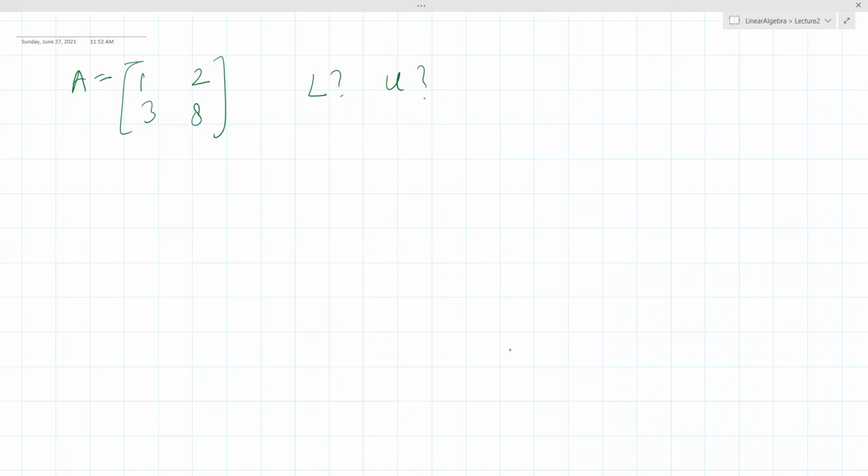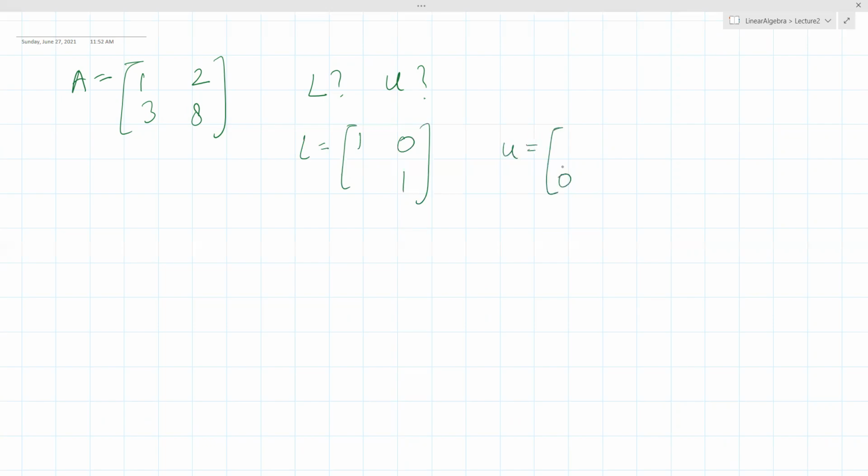Okay, let us go back to our example. Let us start with finding out L. L is going to be of the form 1, 1 and 0. We don't know what this element is going to be. And U is going to be of which form?